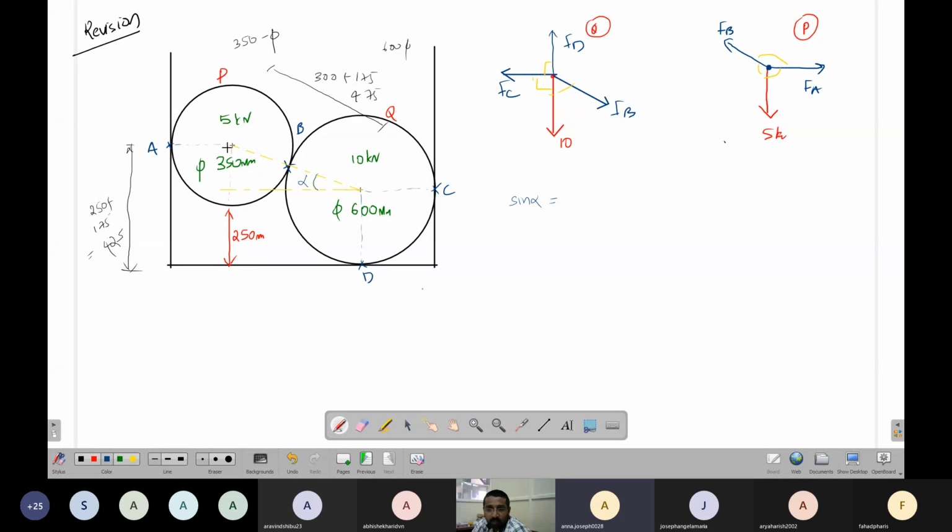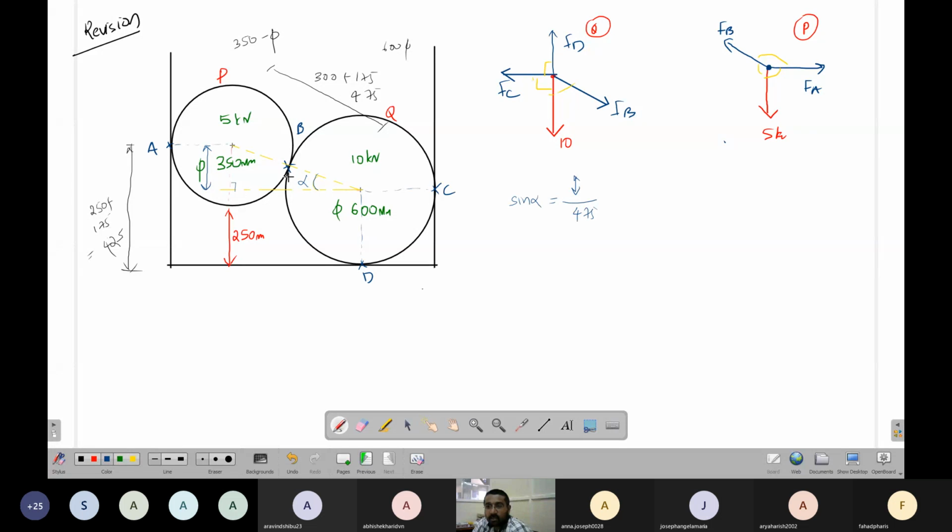Think, sir, this total height is the radius. What is this total height? What is this distance? So sin alpha is this distance divided by 475. This is 475. This distance is what we need, with the 90 degrees here.